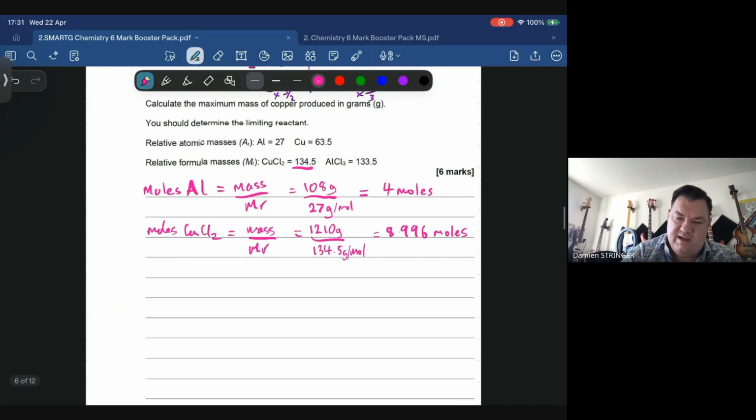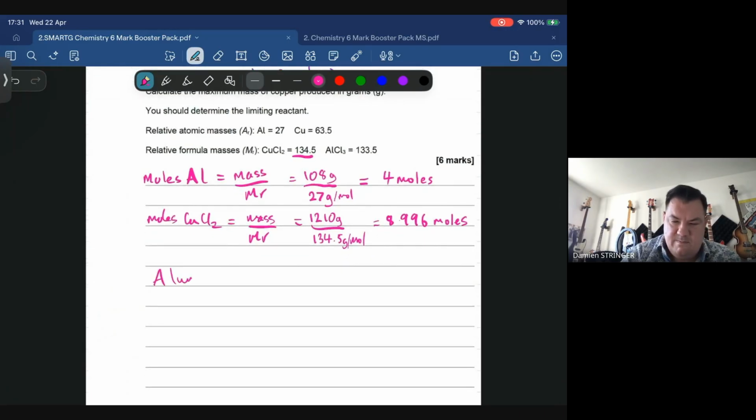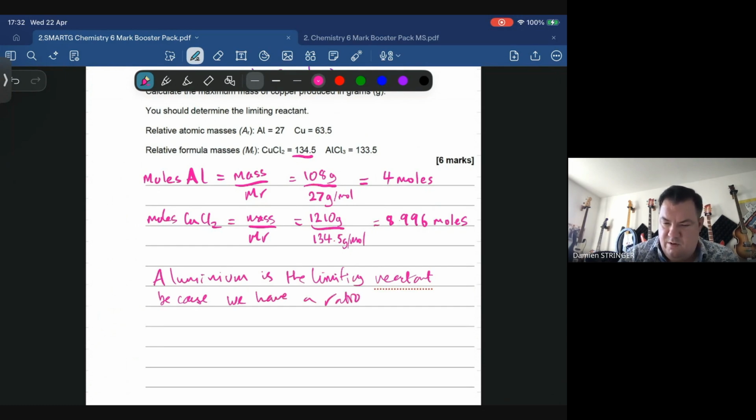So I suppose we better write that. Aluminium is the limiting reactant. That's a funny way of writing that. Limiting. Because we have a ratio of 2 to 3. We have 4 moles of Al.